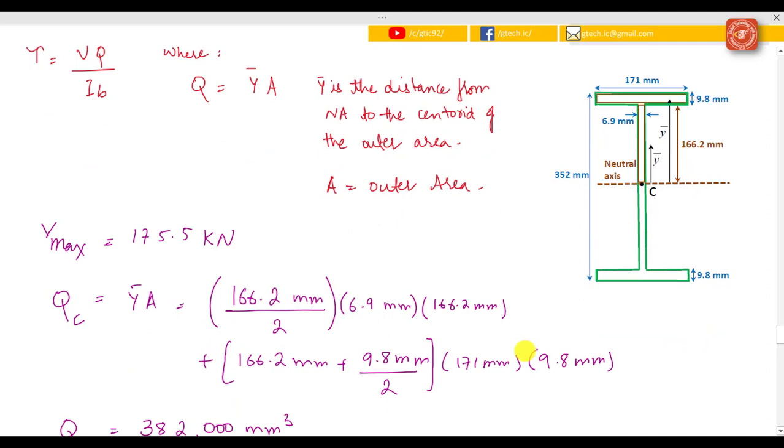Now we are going to check the transverse shear stress experienced at the neutral axis, where the maximum transverse shear stress occurs at point C. So for the maximum transverse shear stress, this formula is at point C. We developed it earlier. So we need the Vmax, the maximum shear force experienced along the length of the beam, and go back to the shear force bending moment diagram.